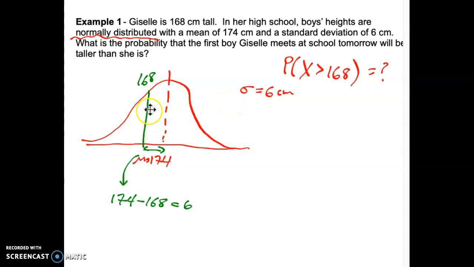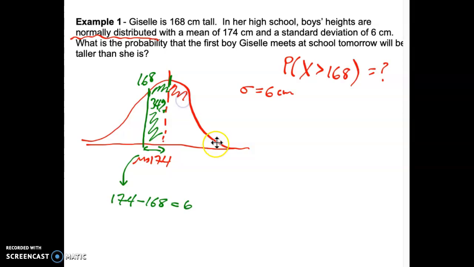So Giselle is 1 standard deviation away from the mean. And what's great about that is if you look back at our last graph, the amount of data between the mean and 1 standard deviation was 34%. So we know that in this green area here, there is 34% of the data.